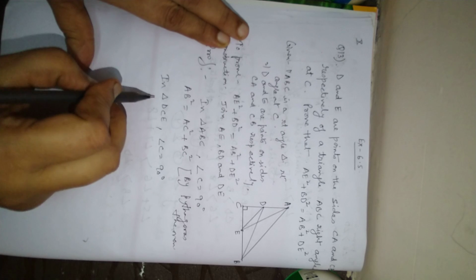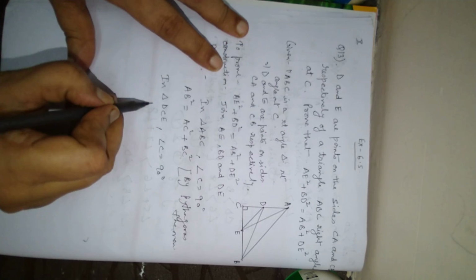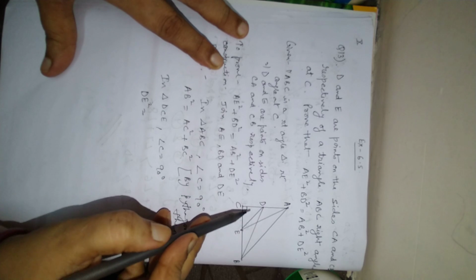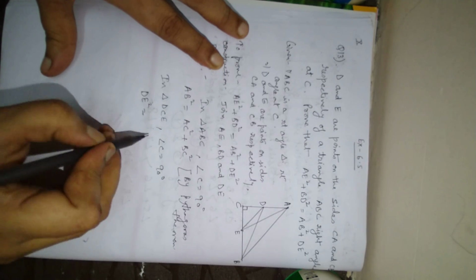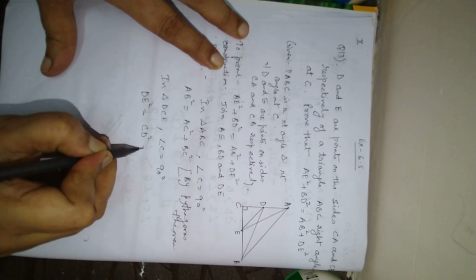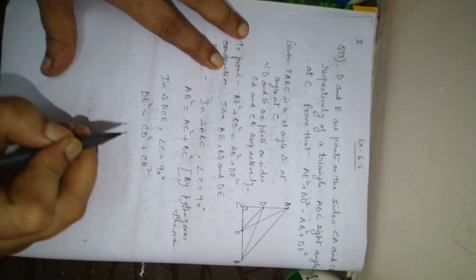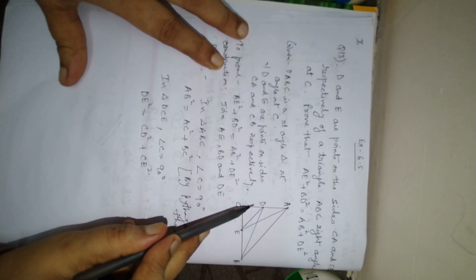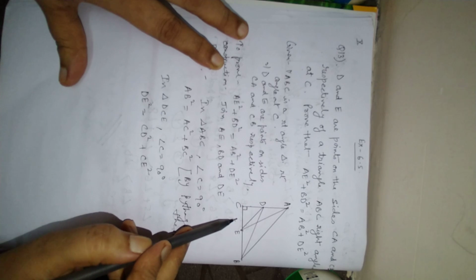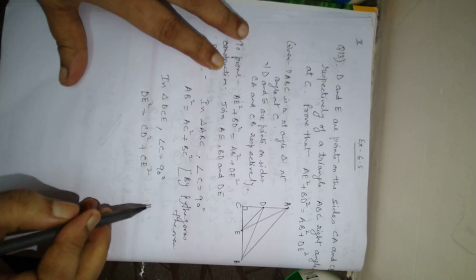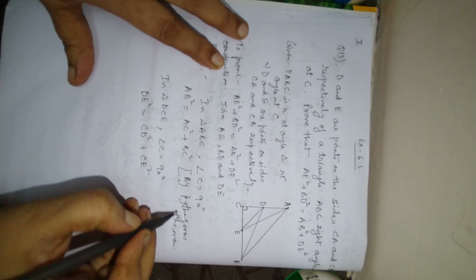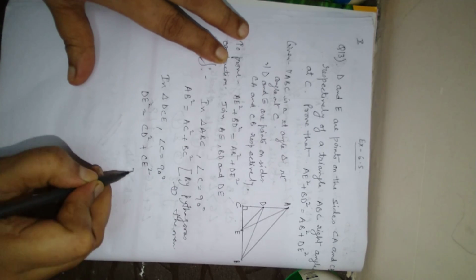So DE square, that is equals to CD square plus CE square. Square of the hypotenuse, that is equals to sum of the square of the perpendicular and the base. This you have studied from the very childhood. Now, let this equation be 1 and 2.